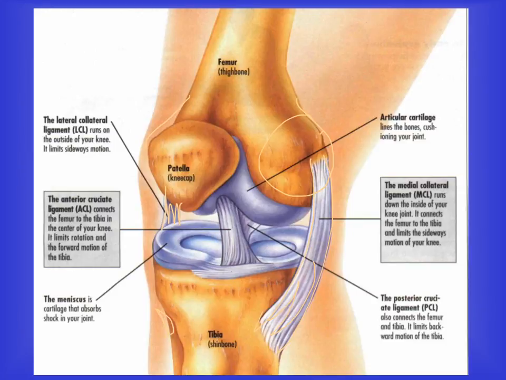Again, remember, the collateral ligaments are major resistors in the frontal plane, so they are going to hopefully prevent valgus and varus about the knee. So they are the major restraints against varus and valgus within the knee.